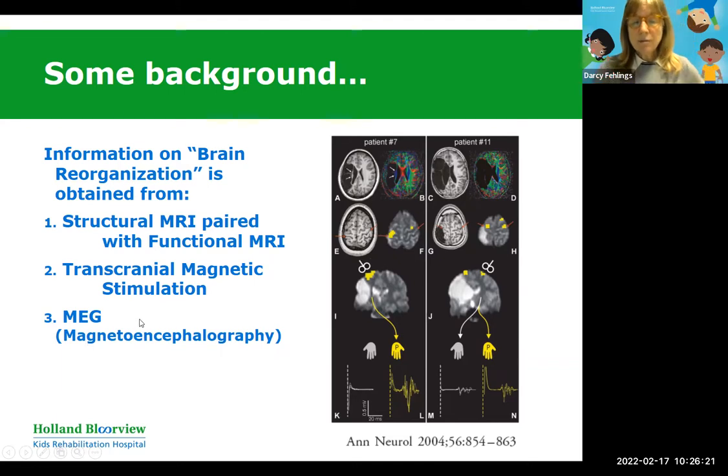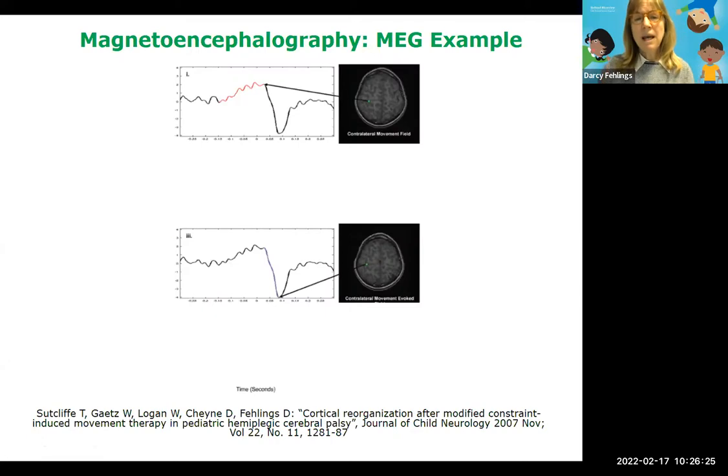Now, another tool that we can use is MEG. And MEG is an interesting tool. So it represents a power vector that you can detect in a region of interest. And so it can give you information on activation patterns overlaid on the structural MRI, as you can see here.